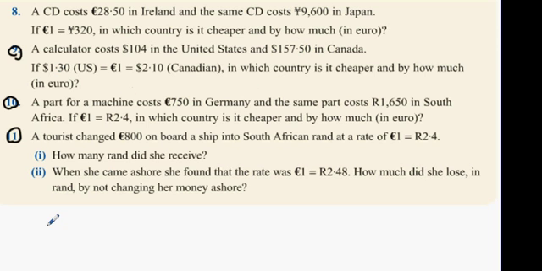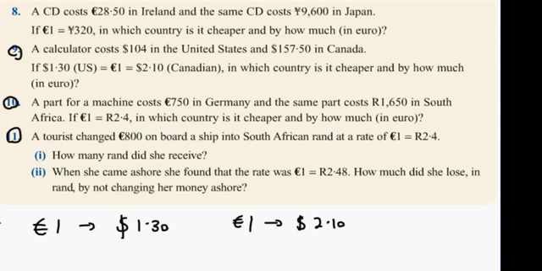If €1 is the same thing as $1.30, and we also know that €1 is the same thing as what, Paul? $2.10 Canadian.